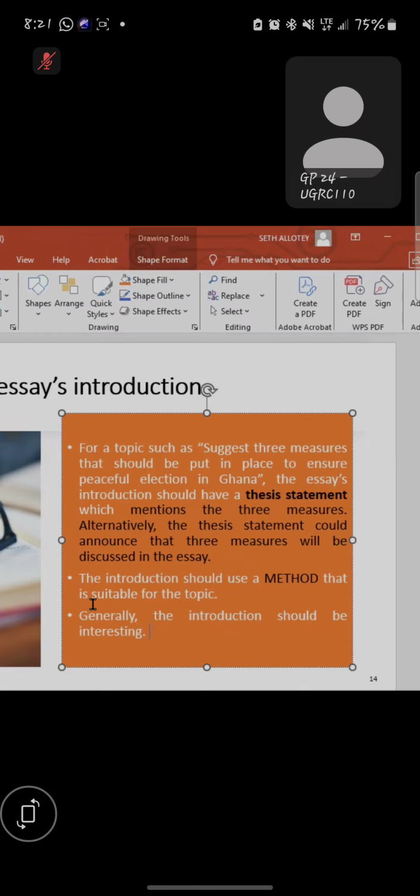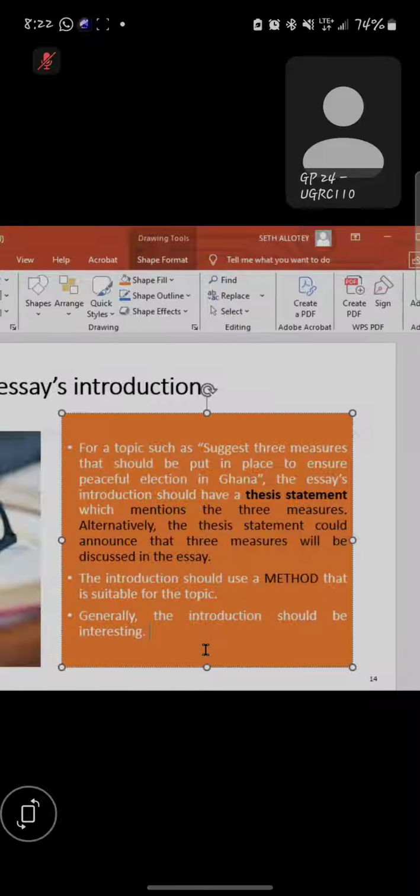Okay, the introduction should have a method or a strategy that is suitable for the topic. One, it should have a method, a strategy that is suitable for the essay, and it should be an interesting one.